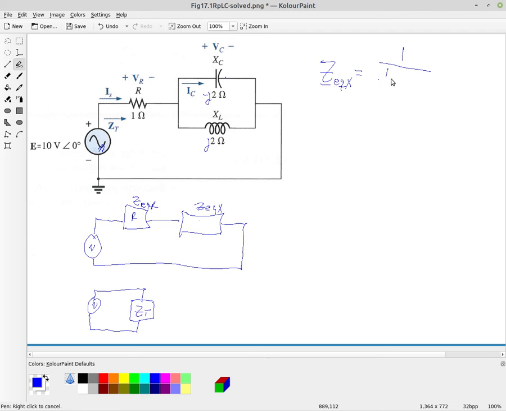So we're going to get 1 over minus j2 plus 1 over positive j2. And if I try to do the math here, we've got a plus j and a minus j there.